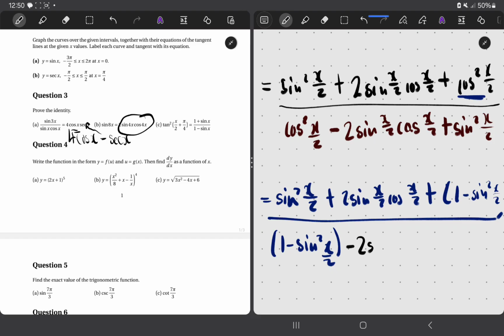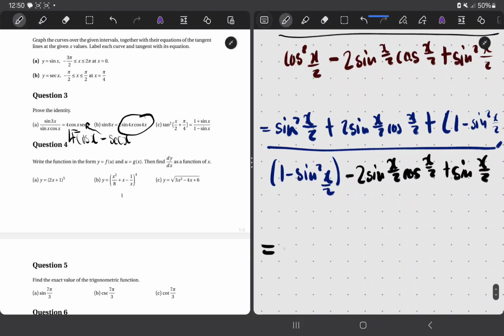So now it becomes minus 2 sine x over 2 cos x over 2 plus sine squared x over 2. What would we now have? This now becomes sine squared x over 2 plus 2 sine x over 2 cos x over 2. You don't have to cram this. Just try to do it and try to remember.